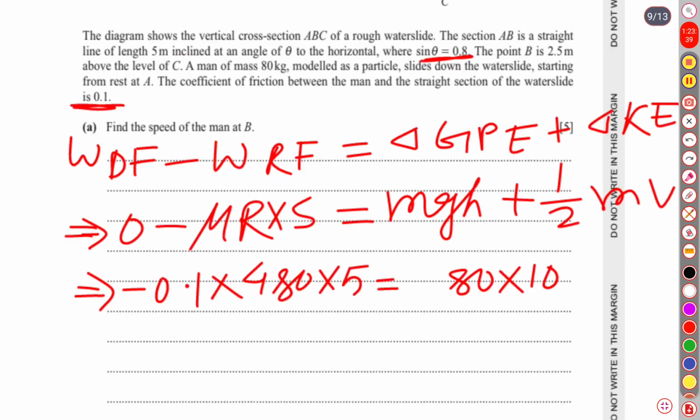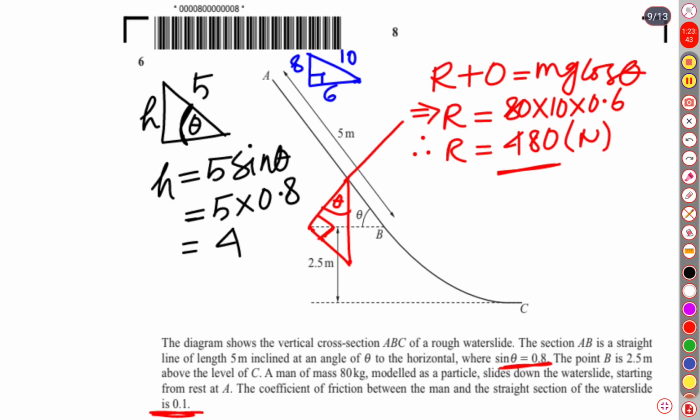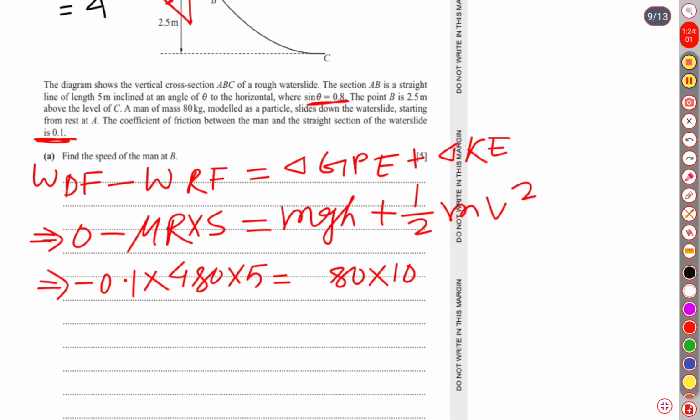Let's see what is the height. Actually, the person was moving downward. Height is decreasing. Initially it was 5 meter above, finally it is 0 if it is our reference. So final height is less than the initial height, that's why it is negative. Simply if someone moves downward, then height is negative.